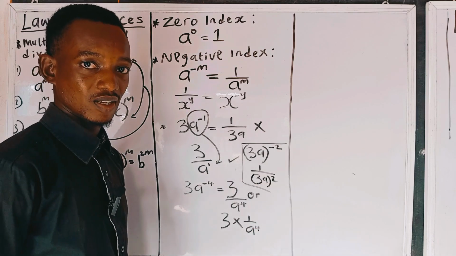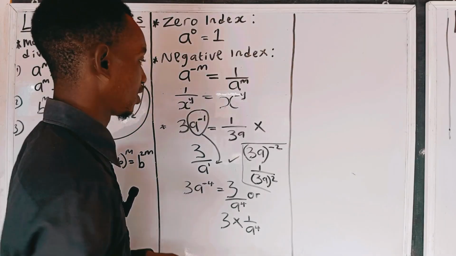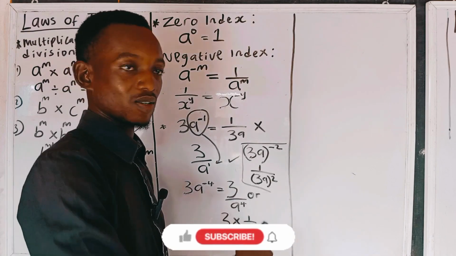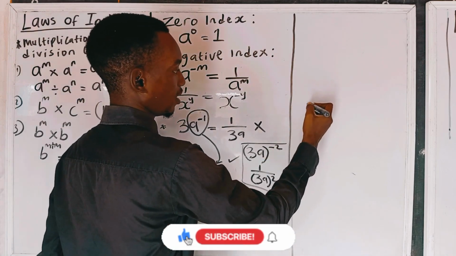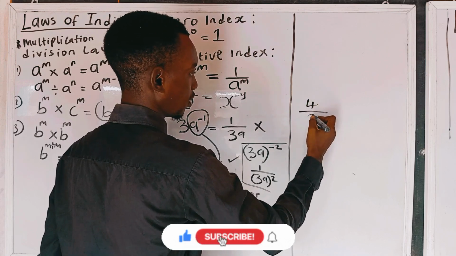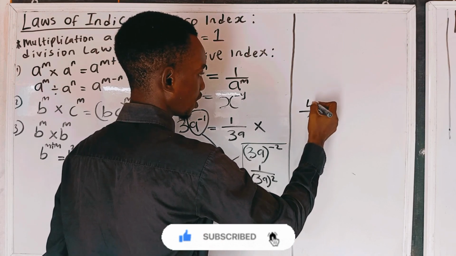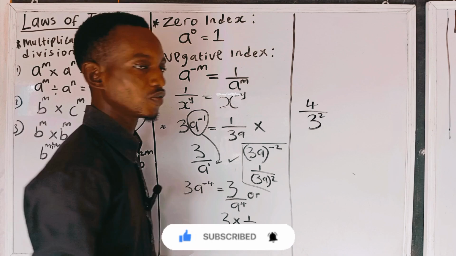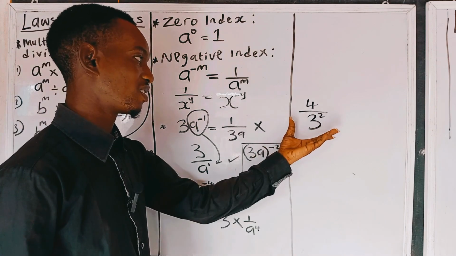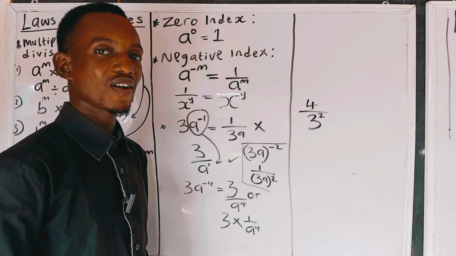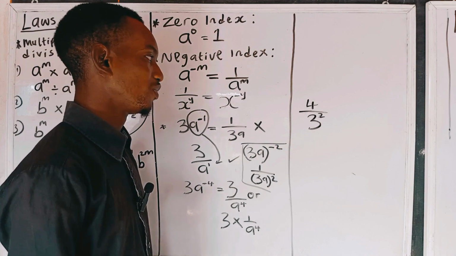As simple as that. Another error that students might make is when we are doing the reverse. Let's say we have 4 all over 3 to the power of 2. Some students, when they want to convert this to negative power, will have a lot of problems. In fact, they won't even know where to start.